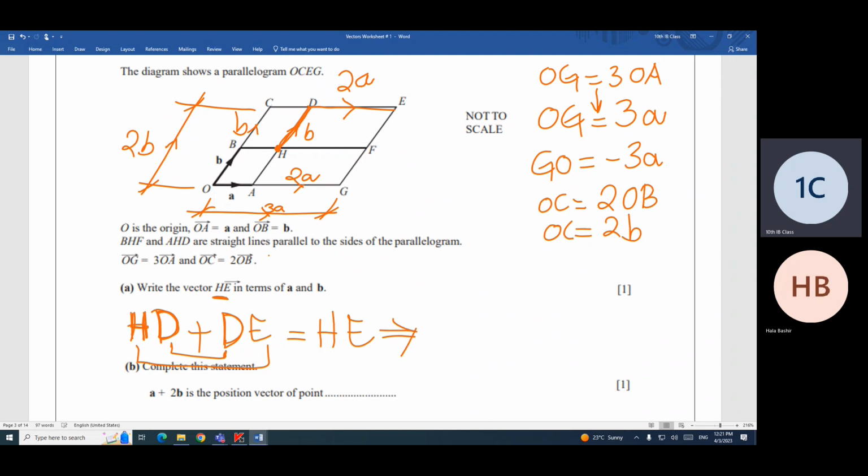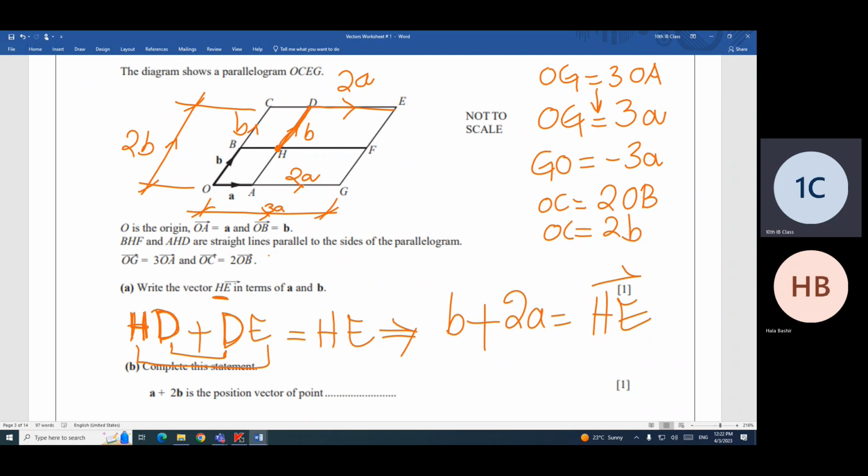Now once we wrote how to find vector HE, we need to substitute the expressions. What's HD? HD is b. b plus 2a. What is DE? 2a. Equals vector HE. Is that clear?